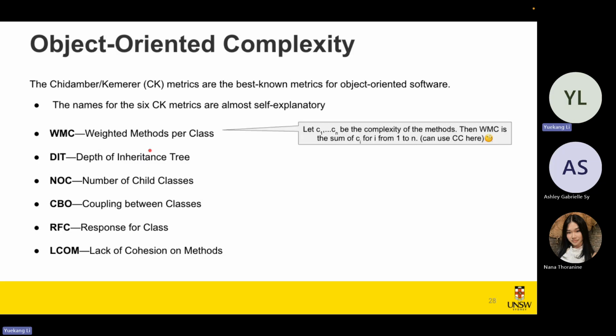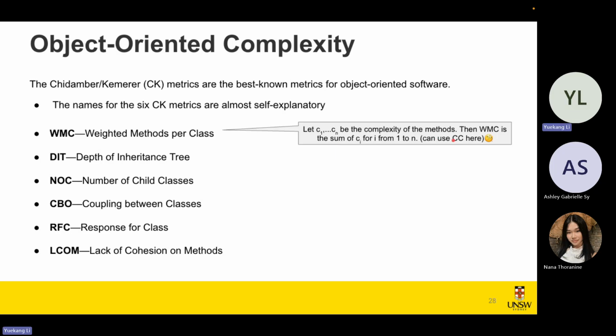For example, weight methods per class is actually just summing up, because we know that each class can have a lot of methods, right? So the weighted complexity of weight methods per class is just the sum of the complexity of each individual method inside the class.